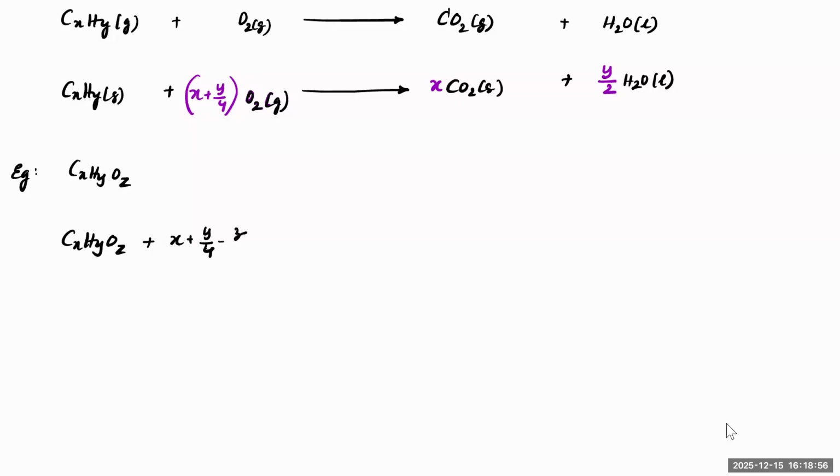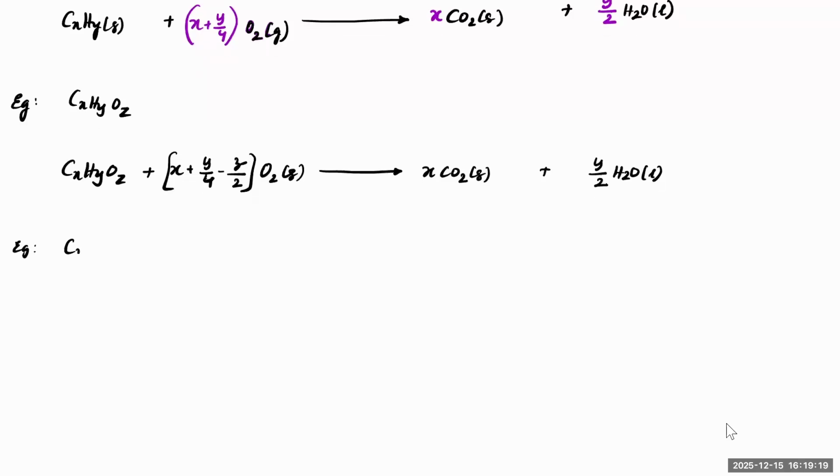And then you have to subtract z by 2 of O2, the rest is the same. So you will get how many moles? x moles of CO2 gas plus y by 2 moles of H2O liquid. Done.